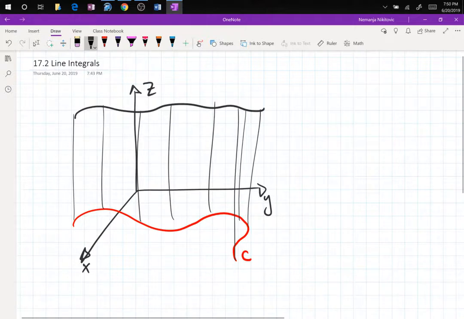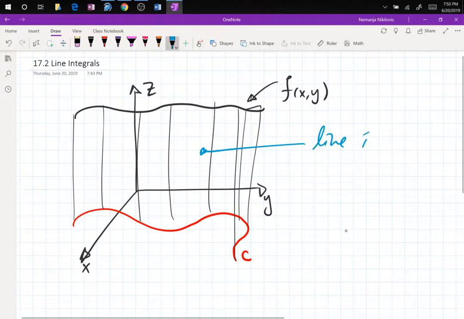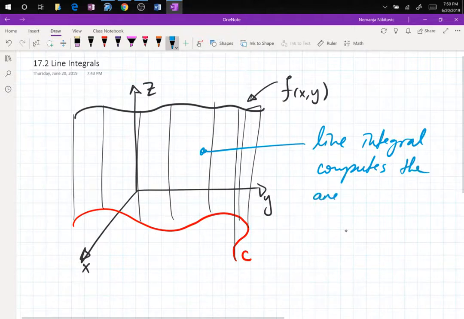The top is going to be some function f of x y. The line integral calculates the area of the curtain.